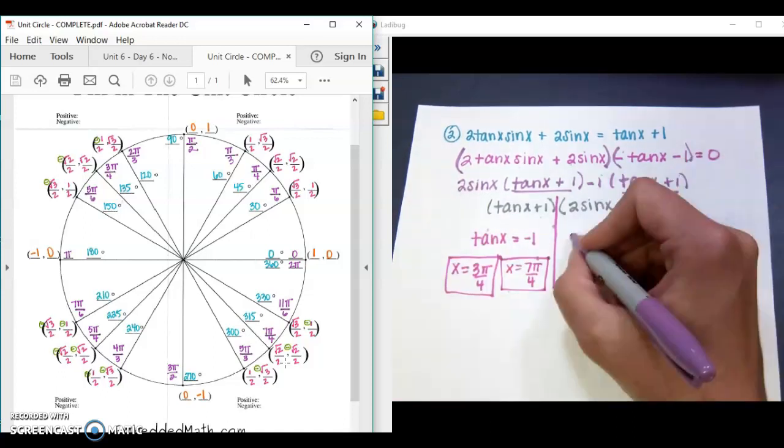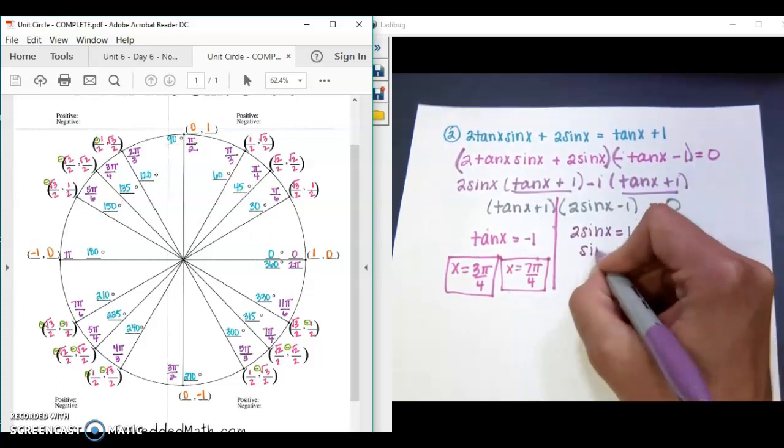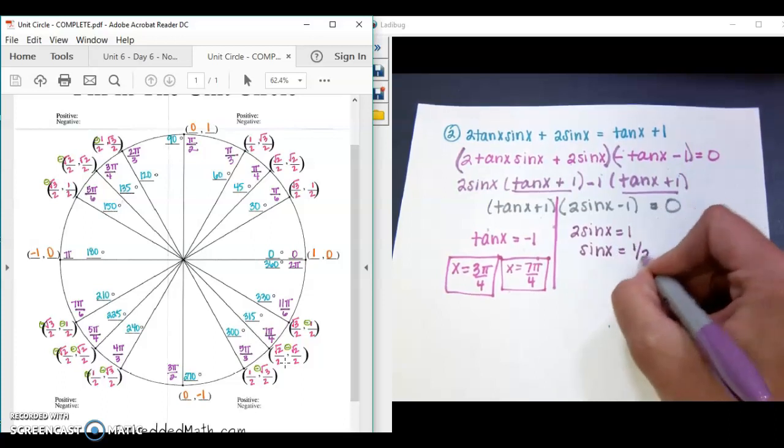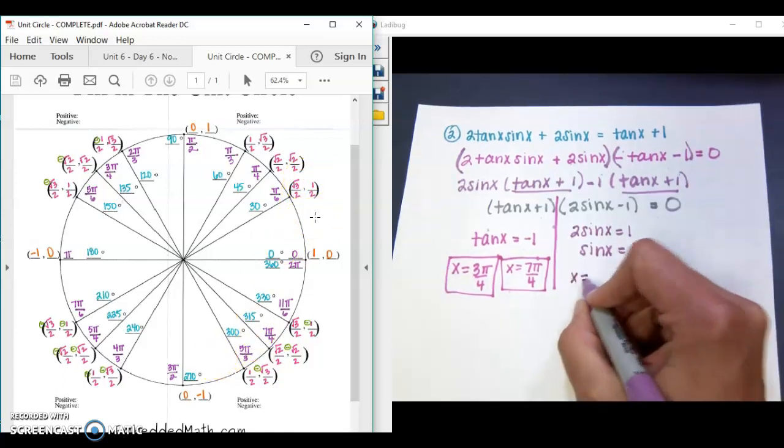Okay, and then for the right-hand side, if we set it equal to 0, we're going to be looking for when sine, or the y value, equals positive 1/2. So if you look over here at pi over 6, that happens.